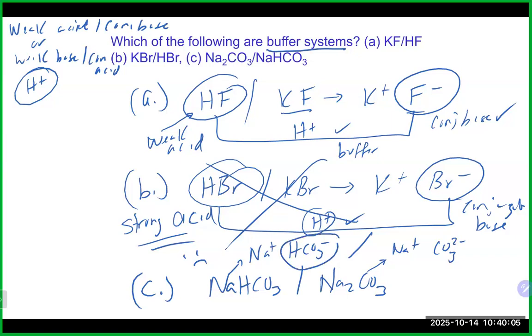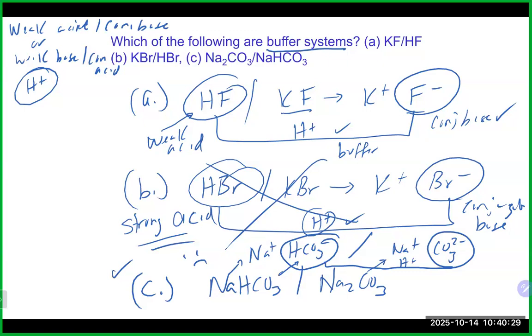And the buffer is, if it is a buffer between these two things, right? These two things have an H plus difference. And this is going to be the weaker acid, right? As it also has the extra H, it makes it possible for it to be an acid. So that's going to be a weak acid and its conjugate base. So yes, that is going to be a buffer.